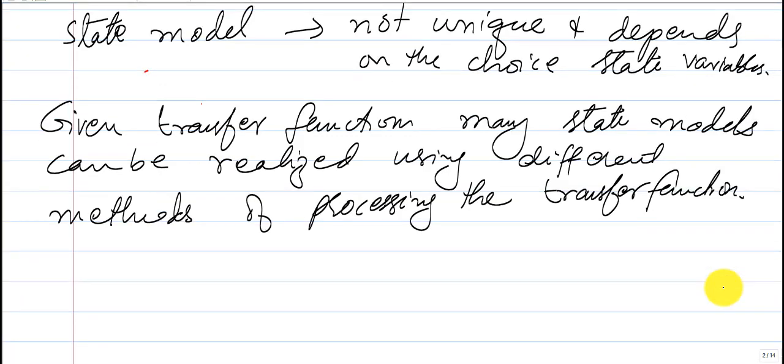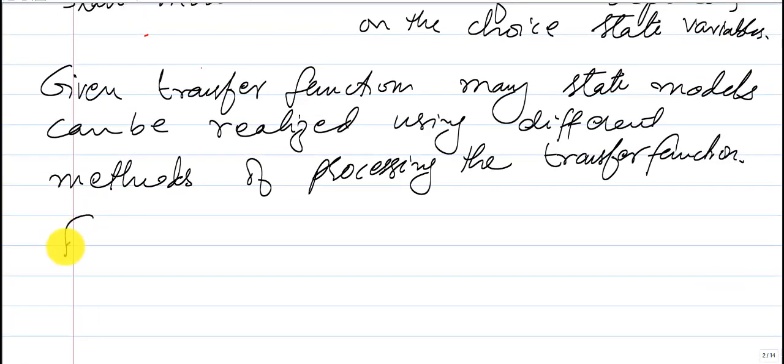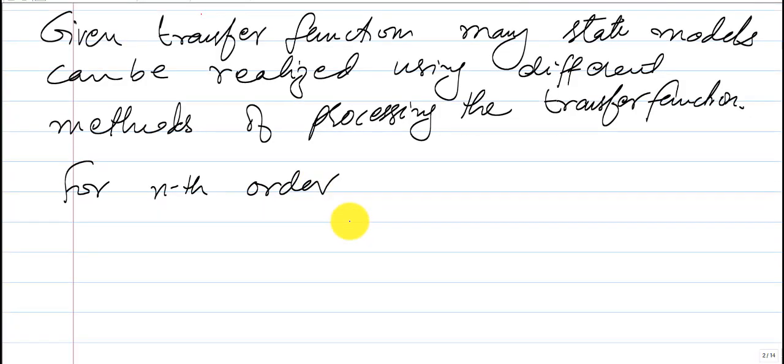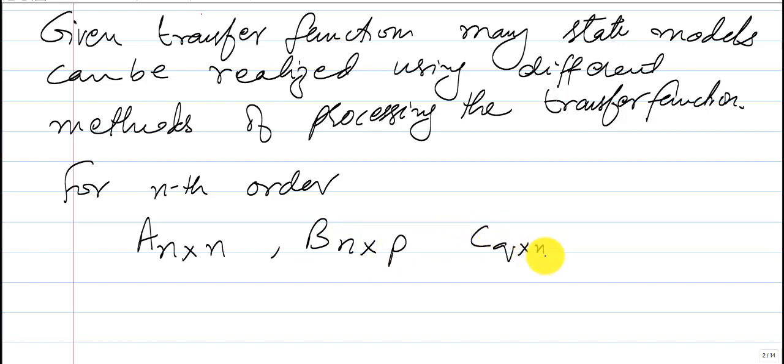For a given nth order system, we have different matrices: the system matrix A is an n by n matrix, the input matrix B is an n by p matrix, where p is the number of inputs, C is a q by n matrix, where q is the number of outputs, and D is the feed forward matrix, which is q by p.